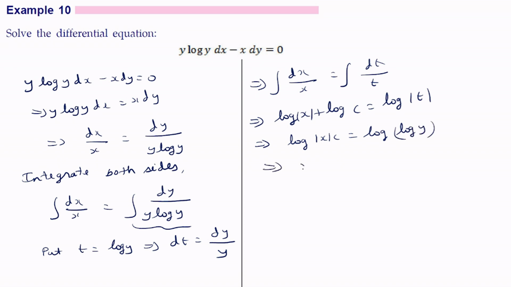So from this we get xc is equal to log y, or log y equal to x into c. This is to the base e. So from this we get y is equal to e raised to cx. This is the solution of this given differential equation.